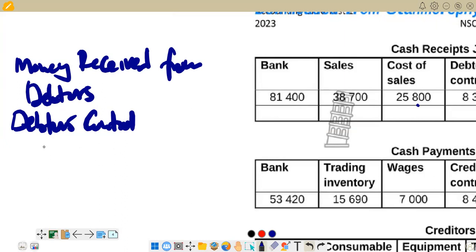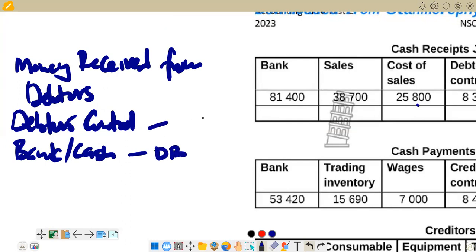So we have the debtors control, and we also have bank, depending on the method of payment of that debtor. It might be bank, it might be cash. It's the one that is being debited, and then debtors control we credit. If you look at it, the only account that you are concerned with is the debtors control. So we are going to credit the debtors control with the figure that we are given there.